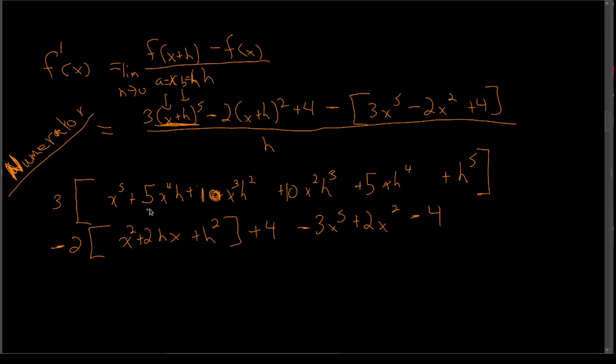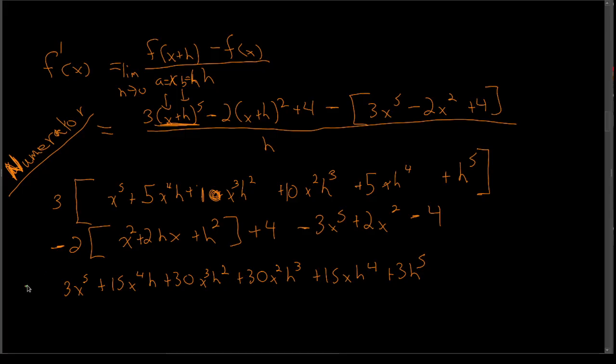Now, I'm not going to worry about collecting like terms right now. What I want to recognize is if I now multiply this 3 through, I'm going to get 3x to the 5th plus 15x to the 4th h plus 30x cubed h squared plus 30x squared h cubed plus 15x h to the 4th plus 3h to the 5th.